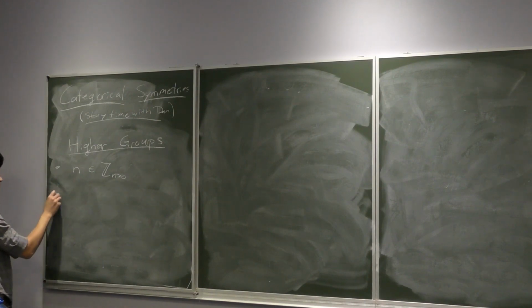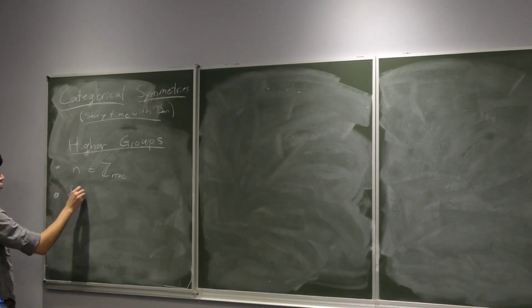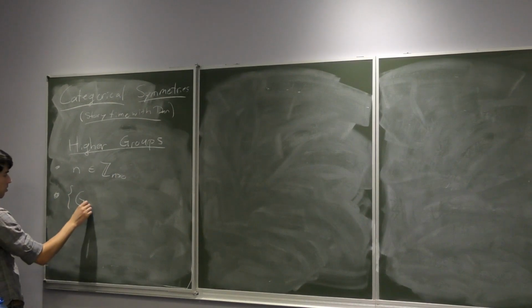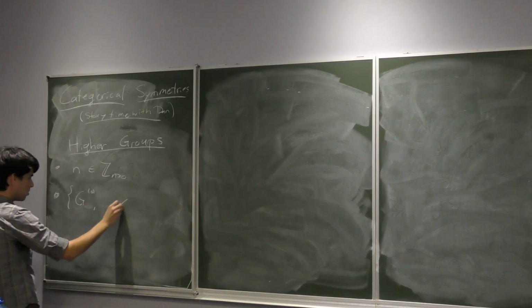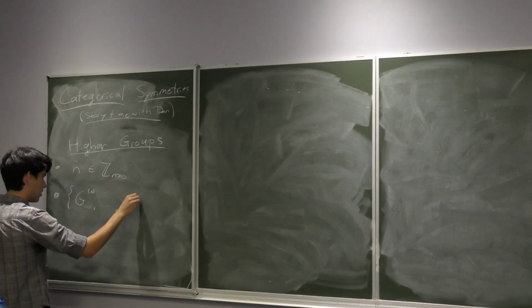And then instead of a single group, we have a collection of groups that go from 0, well, I'll write it suggestively, from 0 to n minus 1.